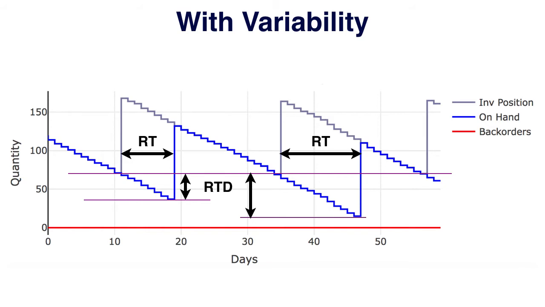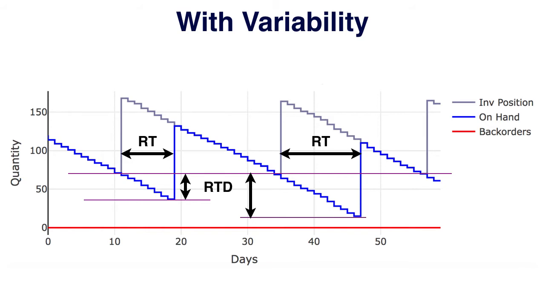It goes up and down a little bit based on your demand variation and based on the variability in the replenishment time. The demand variability is coming from your customers, and the replenishment time variability is coming from your suppliers.